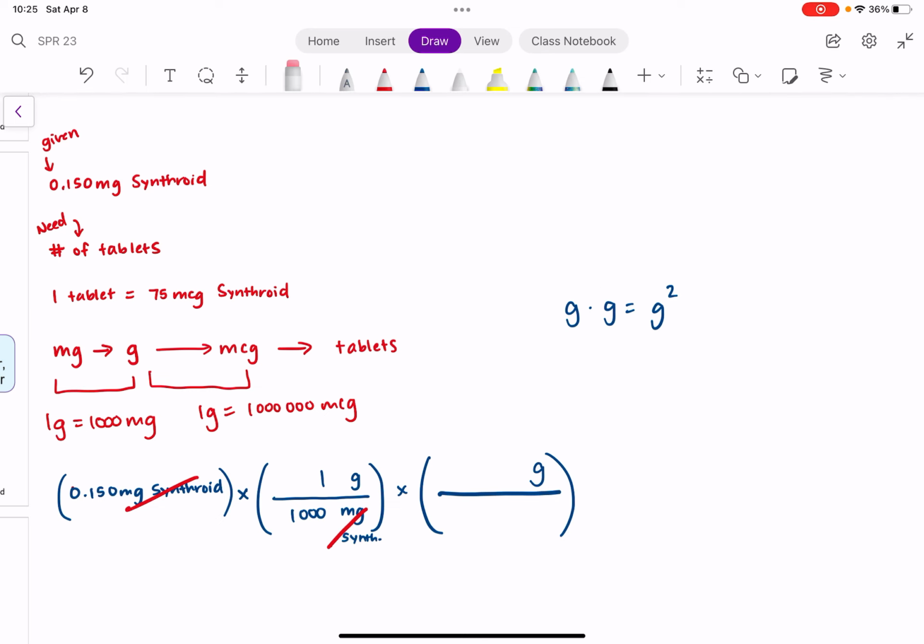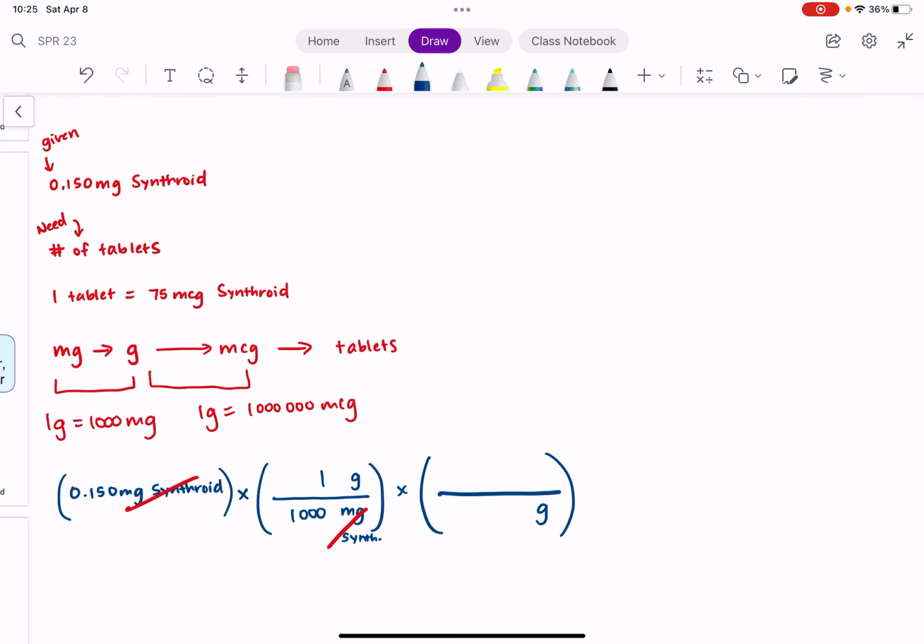So grams times grams equals grams squared. We don't want grams in the top because I don't have grams squared anywhere in my plan here. So grams has got to go in the bottom because we want to cancel it out.